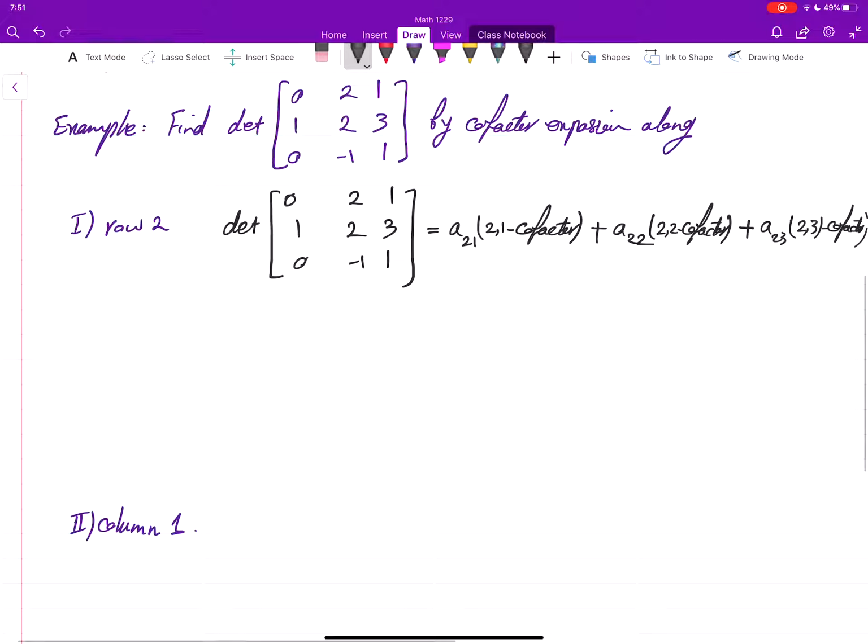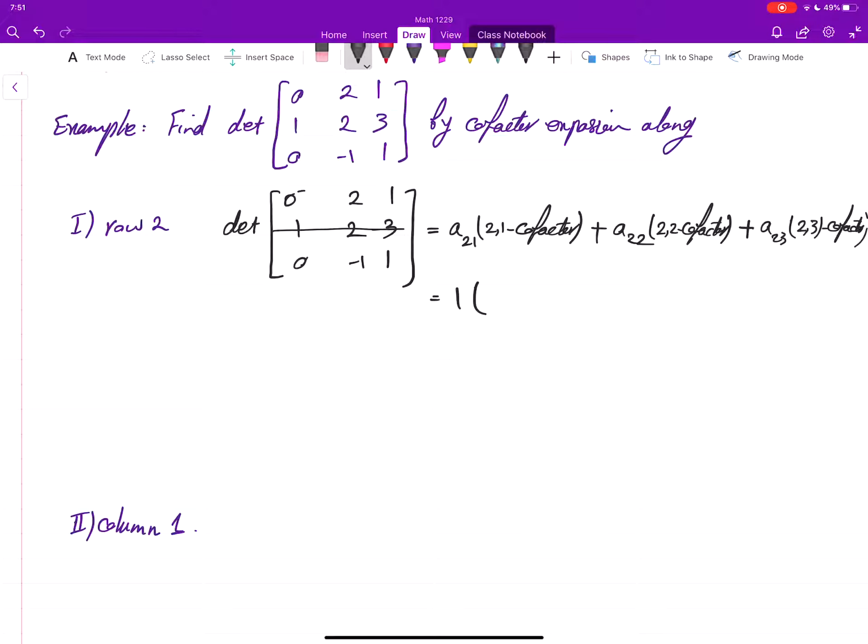Very nice. In this case, we have a21, so we are going to do everything along this row. So 1 times the 21 cofactor. What is the 21 cofactor? Well, you have to find the 21 minor and then multiply it by the sign.